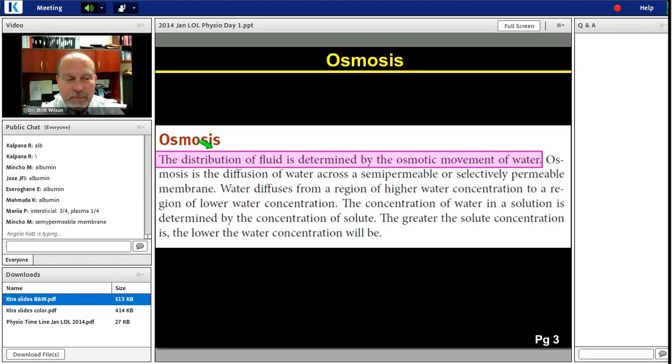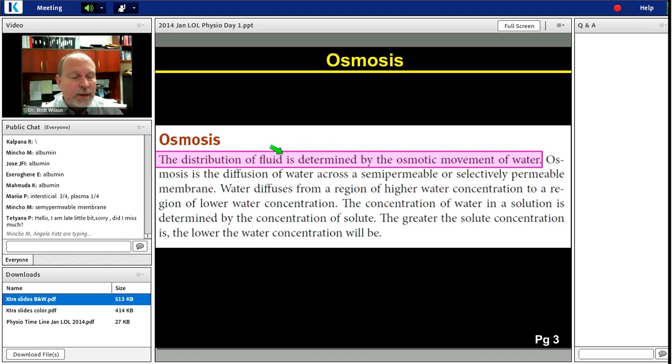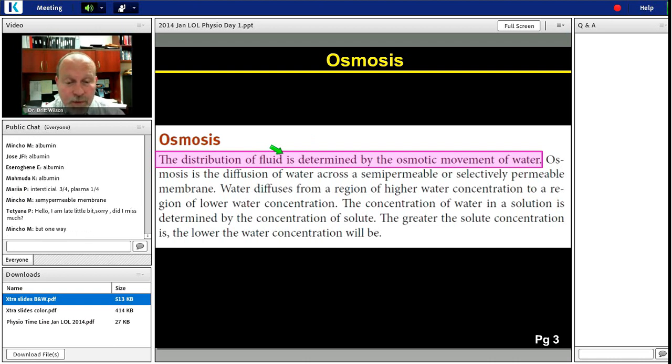And I know you've defined osmosis many times in your various scientific classes, but let's just do it again real quick. Because the reason this is important is because it's going to influence the distribution of water. So the distribution of fluids is influenced by the osmotic movement of water. All right?